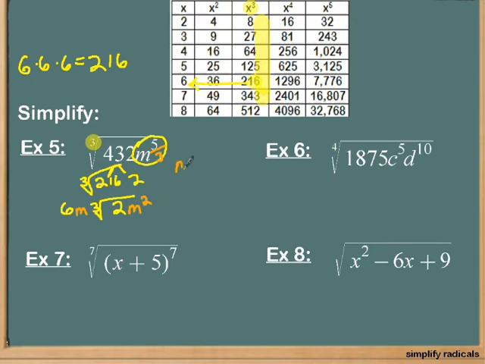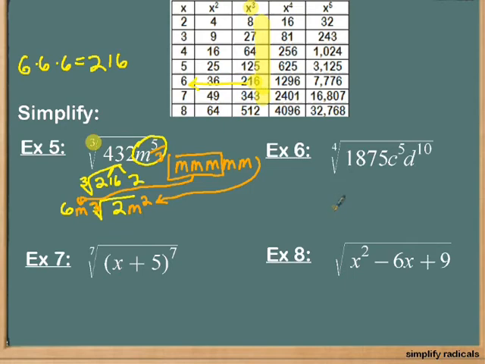For those of you not sure what that means, if I write this 5 times, since it has an index of 3, you're taking out groupings of 3. So here's the 1 that you took out, and you have the 2 left over. And this is our final answer, 6m cube root 2m squared. Don't forget to put your index of 3 right inside that little hook.